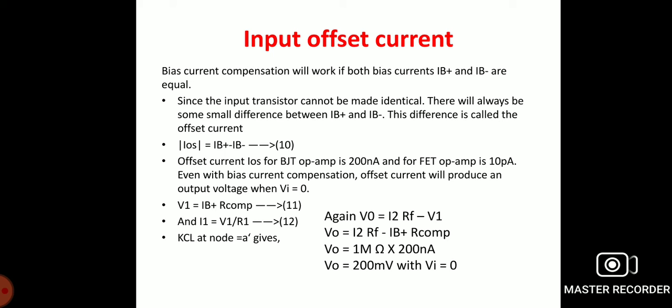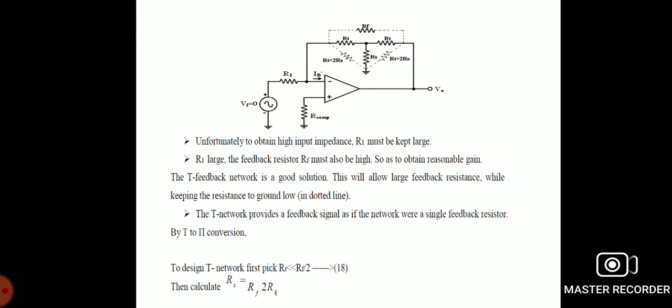Now we can see the structure of the input offset current. Unfortunately, to obtain high input impedance, R1 must be kept large. With R1 large, the feedback resistance RF must also be high so as to obtain a reasonable gain. The T feedback network is a good solution. It allows a large feedback resistance while keeping the resistance to ground small, as shown in the dotted line.